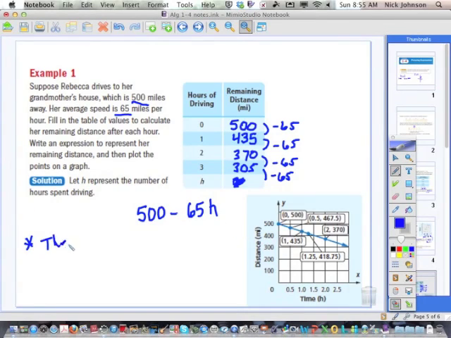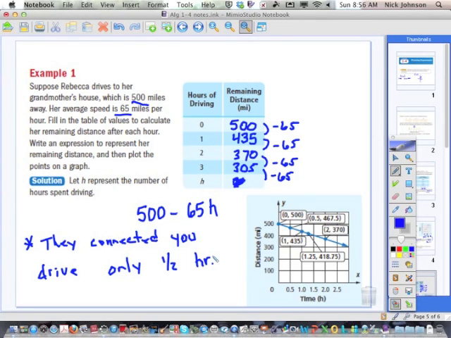They connected the dots because you can drive only a half an hour. What if it's 3.5 hours, 3.25 hours, etc., etc.? You could drive 3.1 hours.